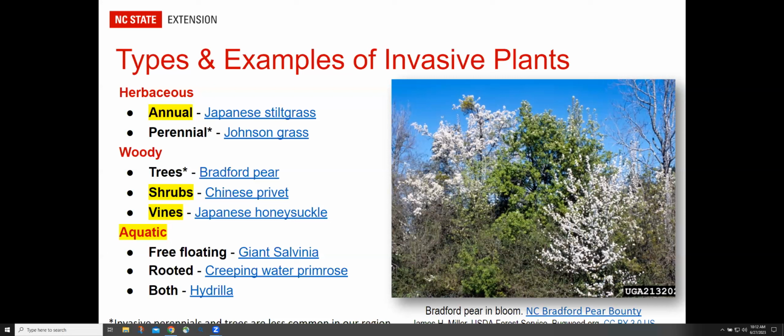Again, trees, if you look at the numbers of the categories, we have fewer trees that are invasive species, but one that we hear a lot about is Bradford pear. In March, when they're blooming, you definitely can see how much they're spreading from where they were planted in landscapes. And initially, that was not thought to be considered an issue.